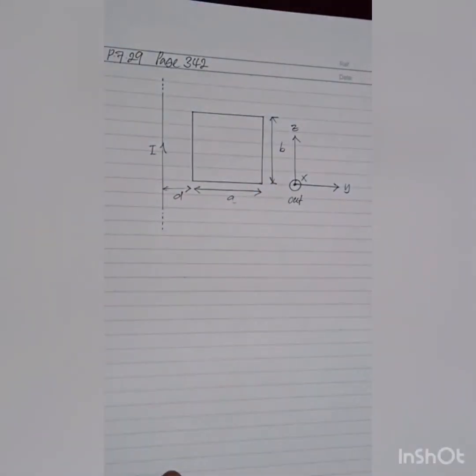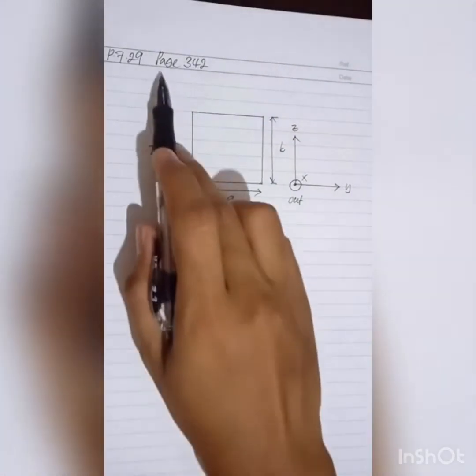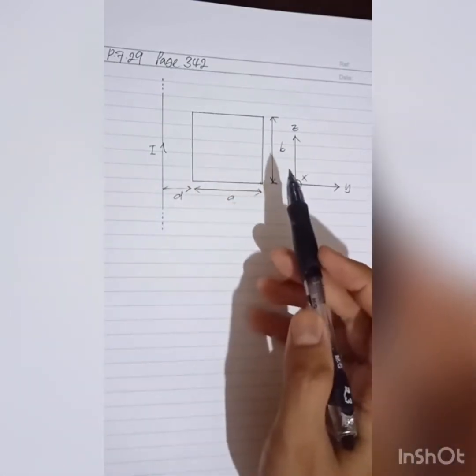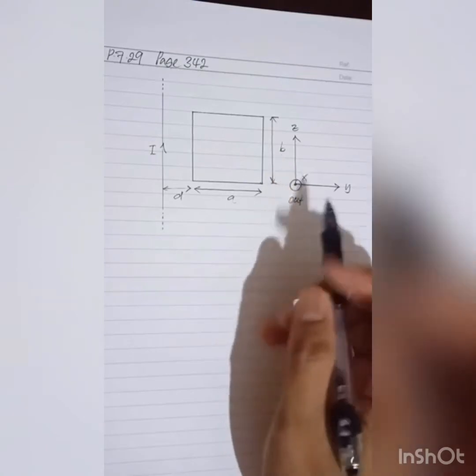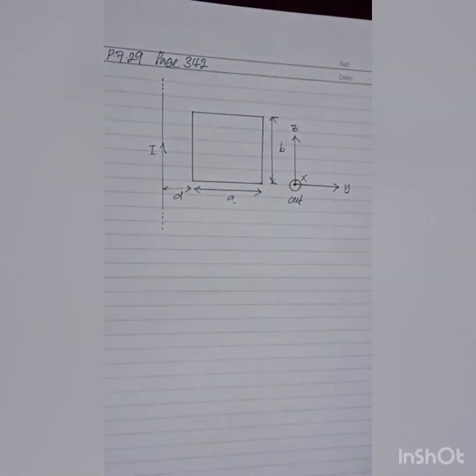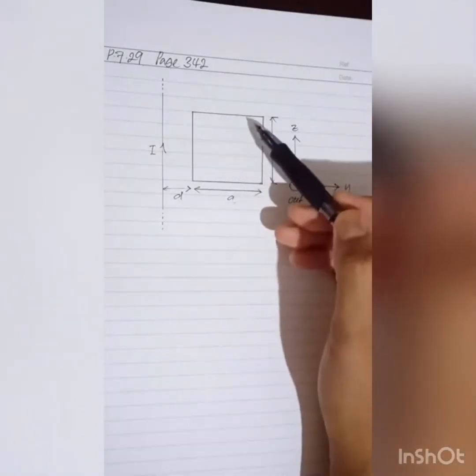For this case, we are given an infinitely long line current positioned along the z-axis, and it has a current value of I. Nearby it has a rectangular loop with length A and height B. We are going to calculate the magnetic flux passing through this rectangular loop.